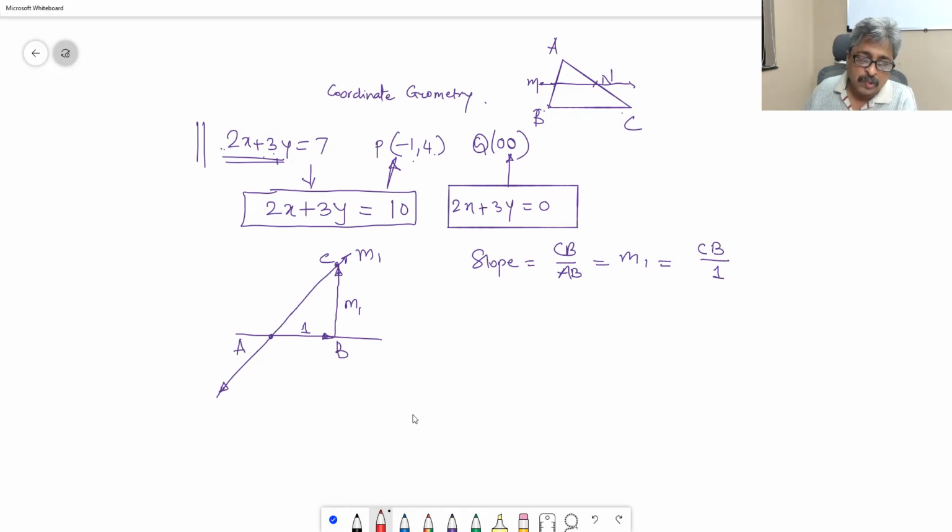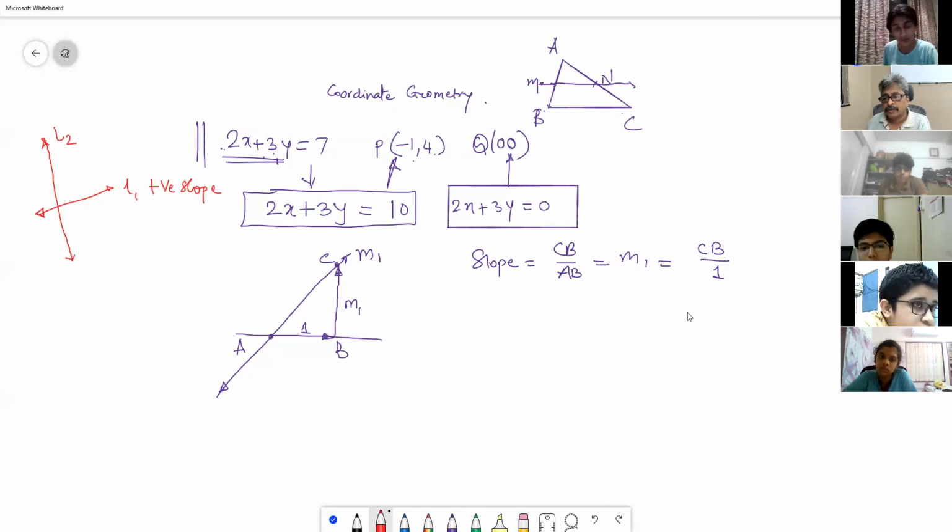Now, observation: suppose line L1 has positive slope. Line L2, which is perpendicular to L1, will have positive slope or negative slope?